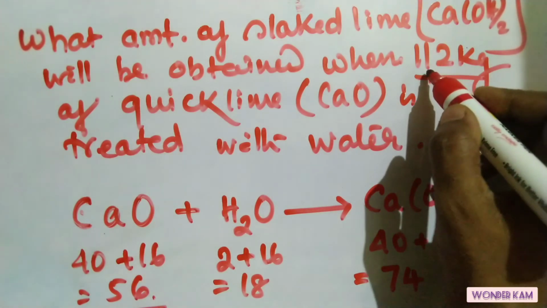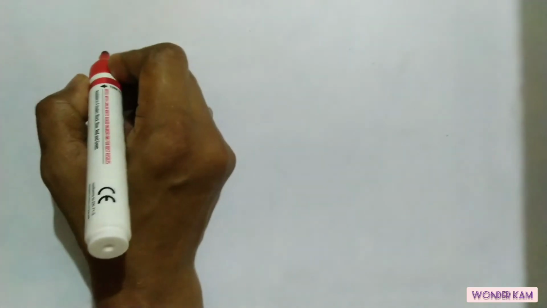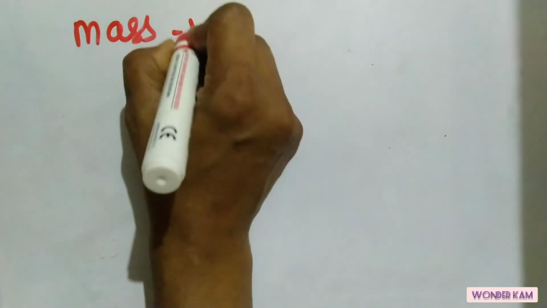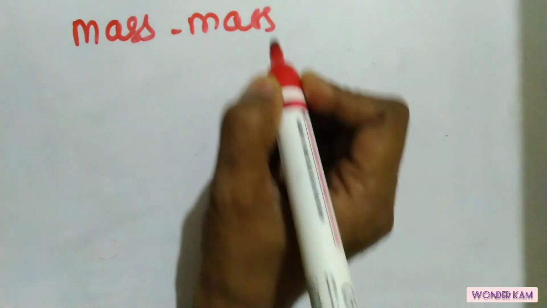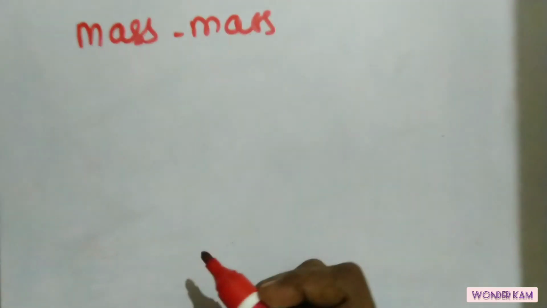So 112 kg of calcium oxide will produce how much calcium hydroxide, that you need to find out. So these are the problems based on mass relationship on different chemical equations.